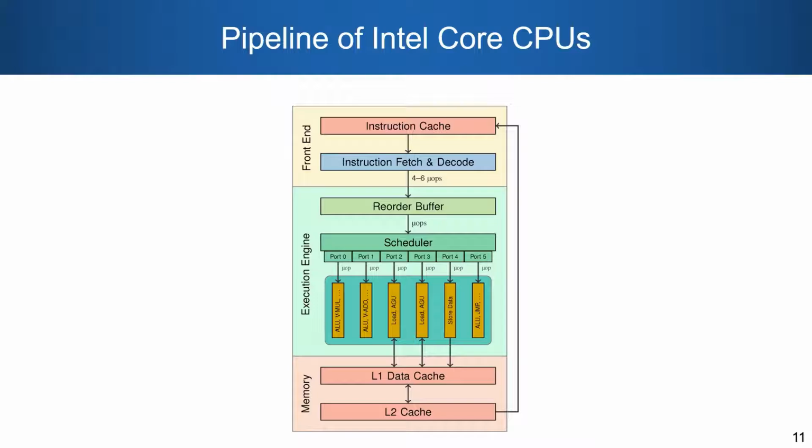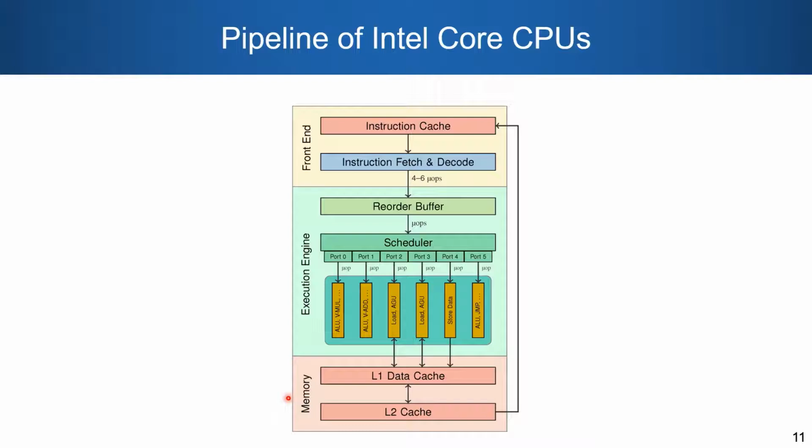I'm first going to give you a brief high-level overview of how the pipelines of recent Intel Core CPUs work. They consist of three main parts. The front end is responsible for fetching and decoding instructions. The back end, or execution engine, is responsible for executing them. And the third part is the memory subsystem.